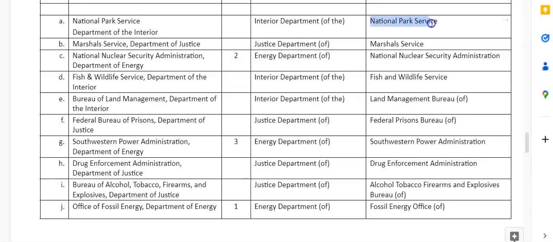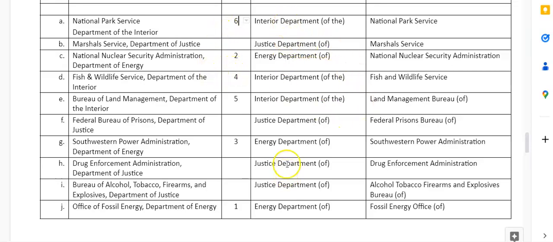This is National Park Service, this is Fish and Wildlife, and this is Land Management. So the F in Fish and Wildlife would be filed first, and then the L in Land is filed before the N in National Park. So this is 5 and this is 6.